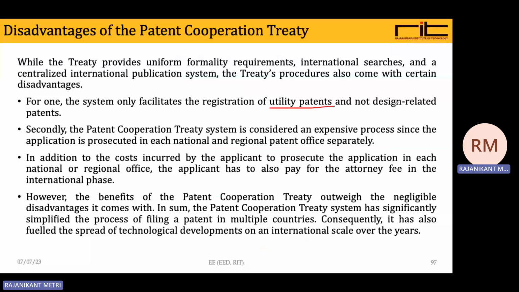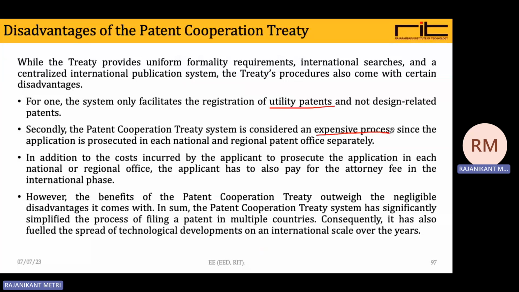Second point is the PCT system is considered an expensive process because, as we've seen, it takes almost 30 months, that means 2.5 years, since the application is prosecuted in each national and regional patent office separately. In addition to the costs incurred by the applicant to prosecute the application in each national or regional office, the applicant has to also pay the attorney fee in the international phase.